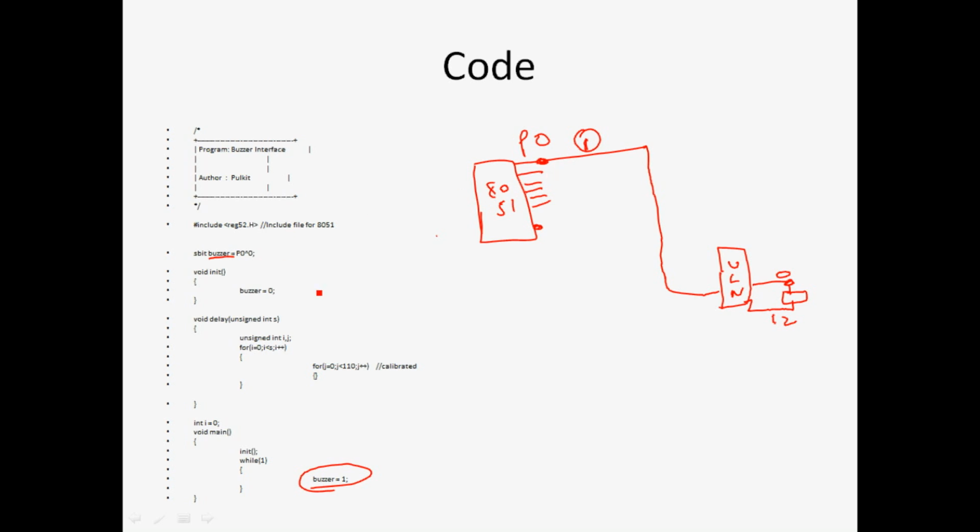In this case, when buzzer equal to 1 is executed inside the 8051, this signal goes as plus 5 volt to the ULN input pin, and whenever the input side of the ULN is given 1, the opposite side, the output of the ULN, is automatically turned to 0, and hence a potential difference of 12 volts is maintained across the buzzer, and the buzzer starts ringing.